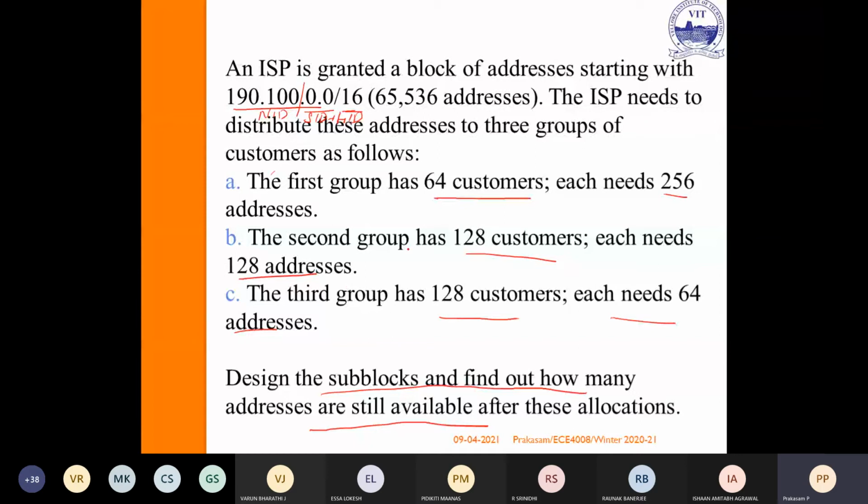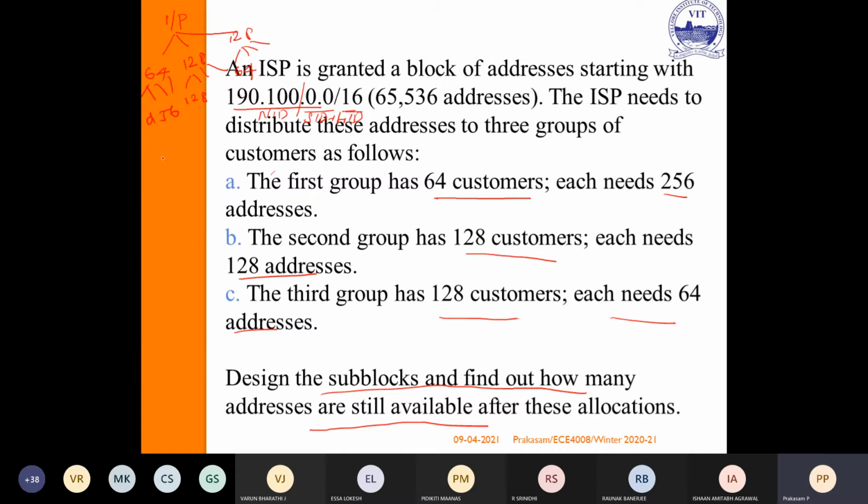So from the given IP address, the first group needs 64 with 256 each. Second, 128 with 128 each. Third, 128 with 64 each.